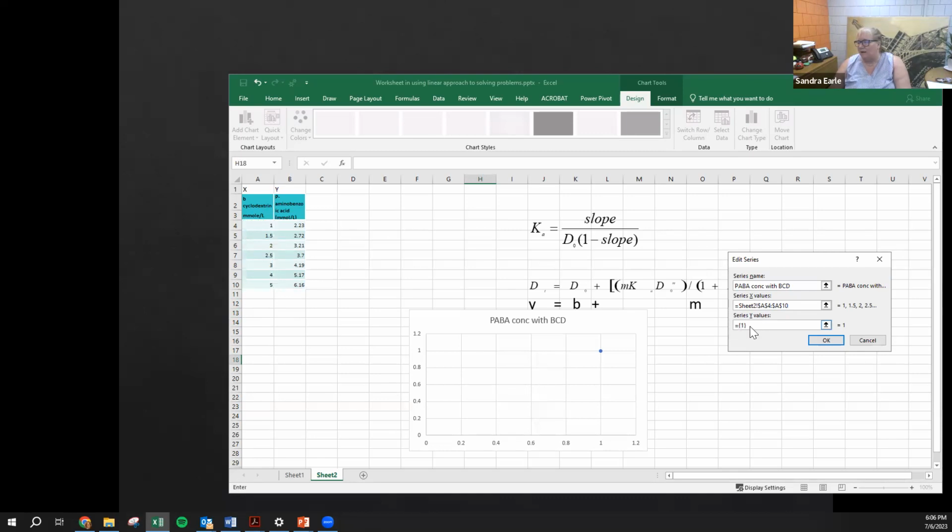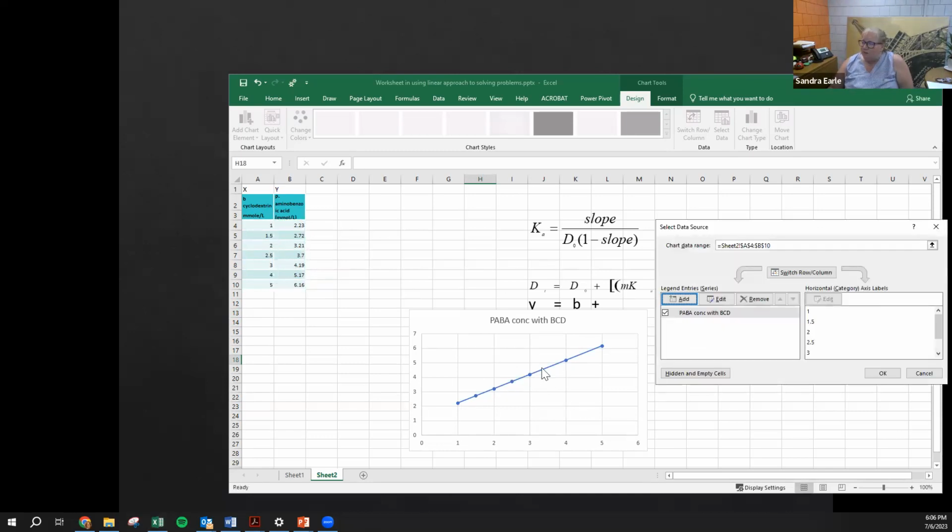And for our Y data, we're going to use the corresponding paraaminobenzoic acid. And then we say okay, and there we have it drawn, and we have a straight line, don't we? So there we have our straight line that shows the relationship.